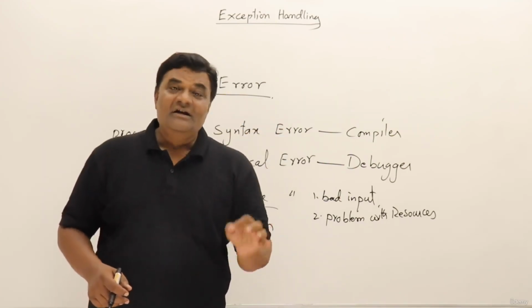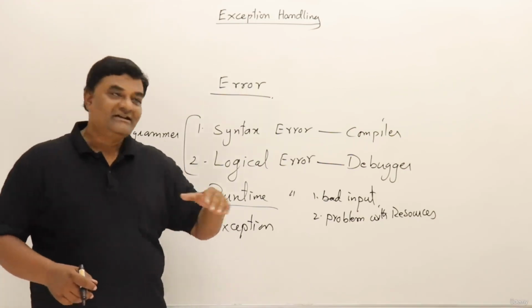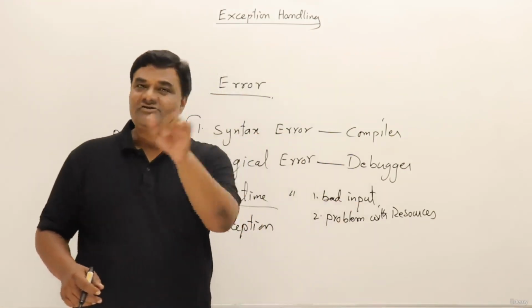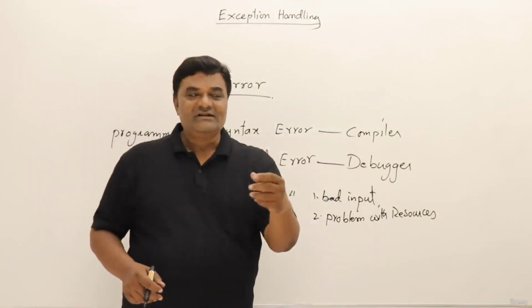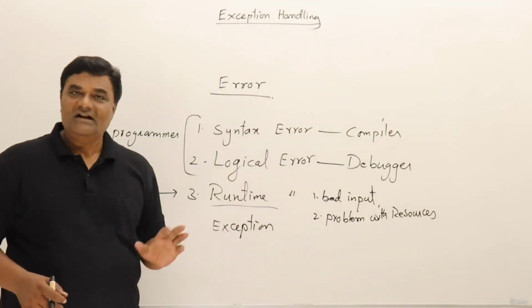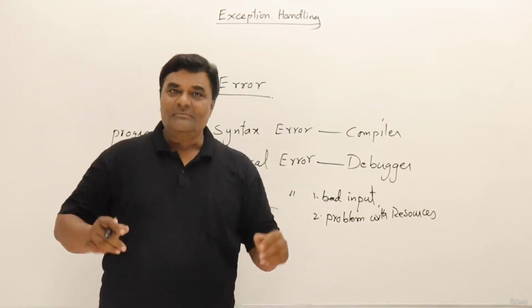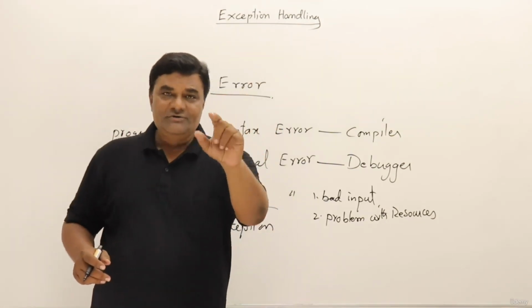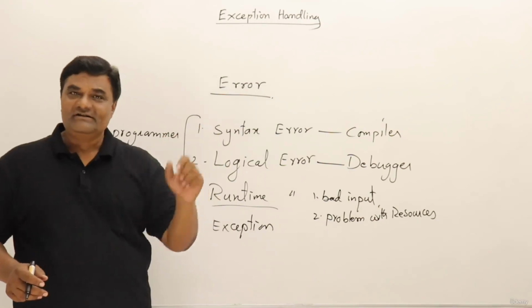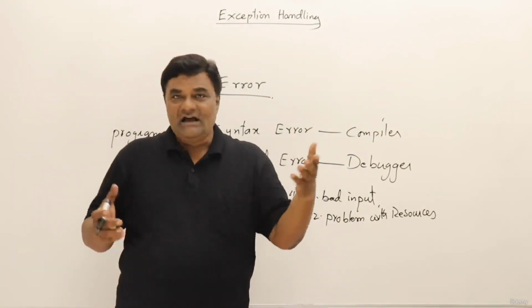In the same way, a program should also behave like that. If there is bad input, the program should not stop suddenly. It should tell the user, this input is not proper, please enter another type of input and try again. If there is no internet connection, the program should not stop suddenly, but it should give a prompt to the user that it found there is no internet connection, please connect to the internet and run it again, I am waiting for it.